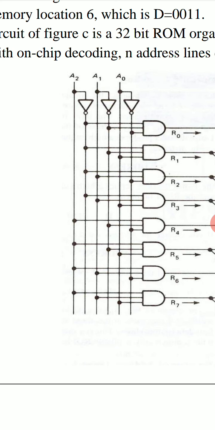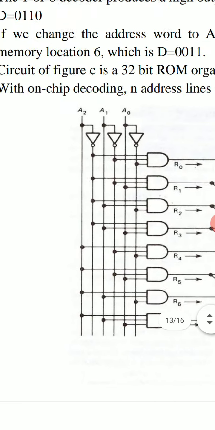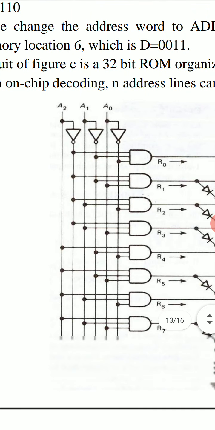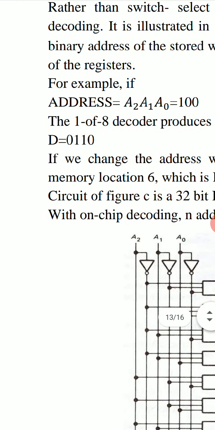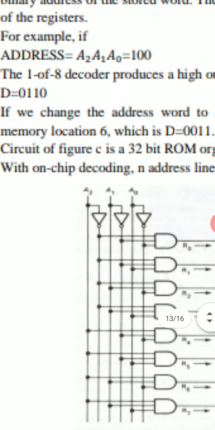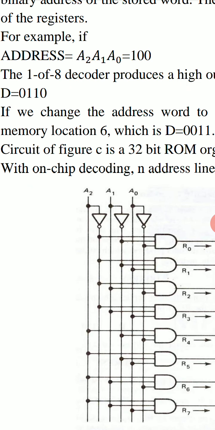Complements are obtained by using NOT gates. These 3 lines for A2, A1, A0 and 3 lines for their complements A2 bar, A1 bar and A0 bar are used for the address of the memory location.